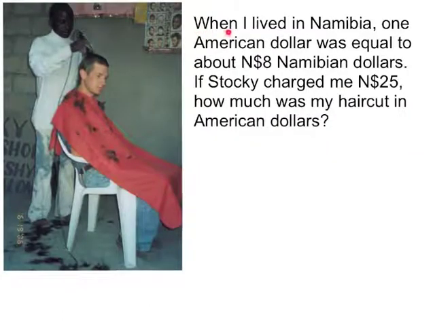Alright, so when I lived in Namibia, 1 American dollar was equal to about 8 Namibian dollars. If Stocky charged me 25 Namibian dollars, how much was my haircut in American dollars? So we need to start with the Namibian $25, and I want to convert it to American dollars.